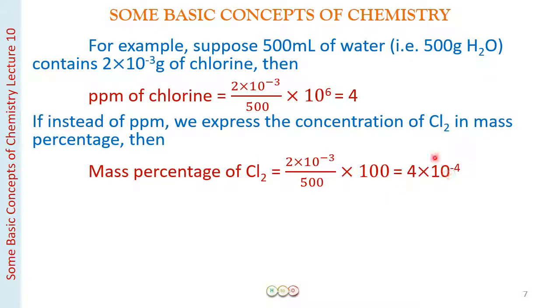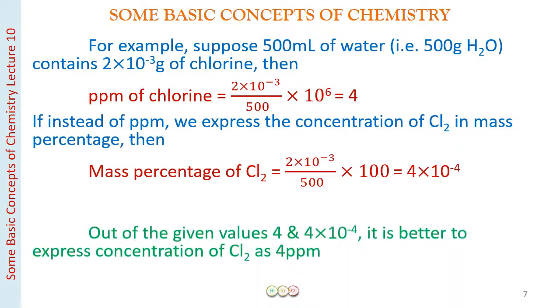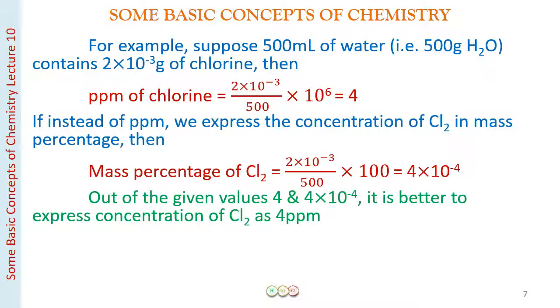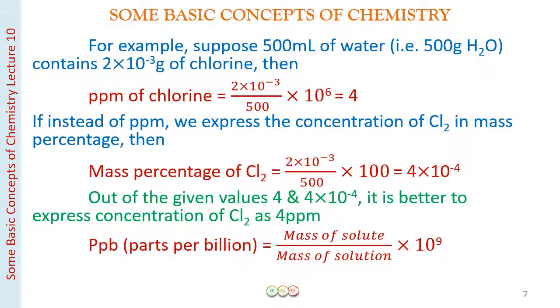So it is easier to write 4 than 4 into 10 power minus 4. That is why for very dilute solutions, we express the concentration in ppm. Similarly, we have parts per billion, where this would be mass of solute divided by mass of the solution into 10 power 9, because 1 billion is 10 power 9.